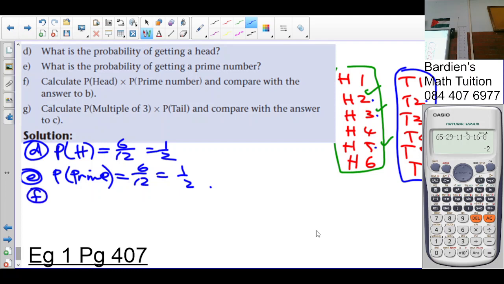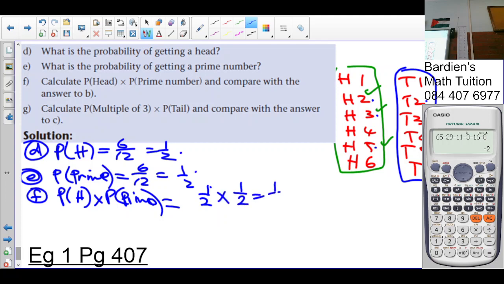Now calculate the probability of you tossing a heads times the probability of a prime number. So there we got the calculation already, which is 1 over 4.